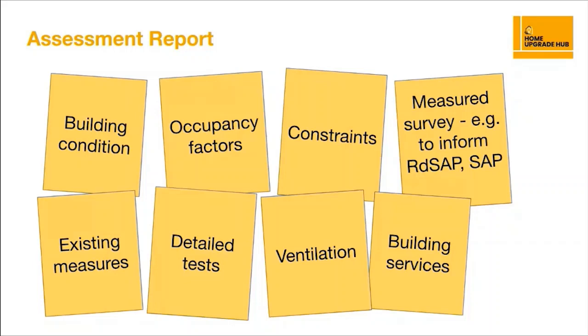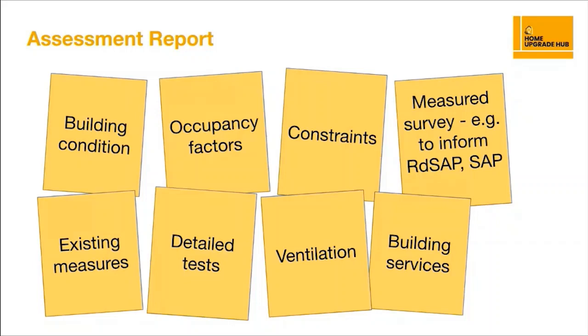So it should consider things like heritage features, architectural features, the structure, construction, like the type of wall construction, the building condition, which is really important to get a record of, because there may be things about the building condition that need rectifying before we can go and add things like insulation.